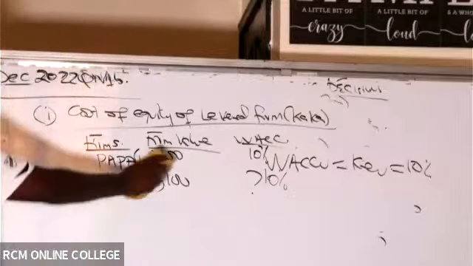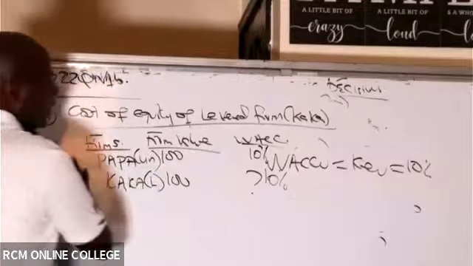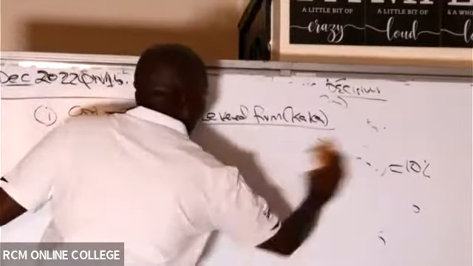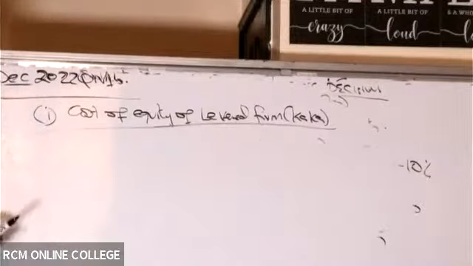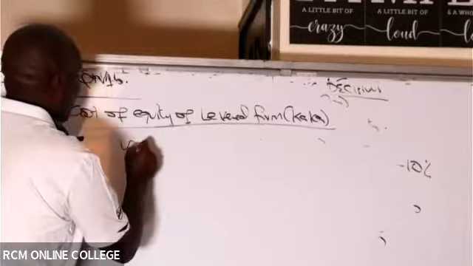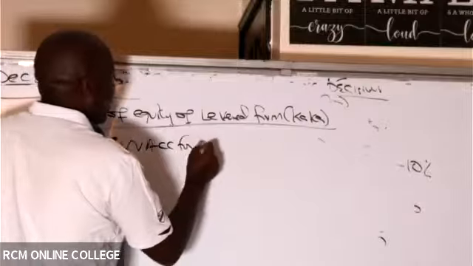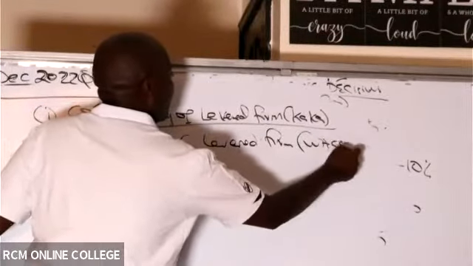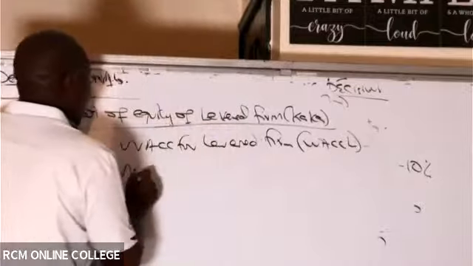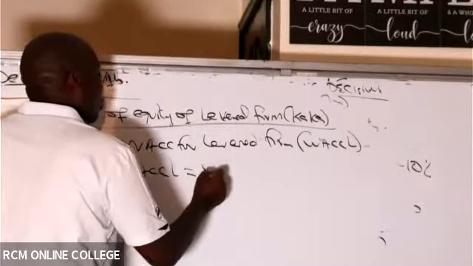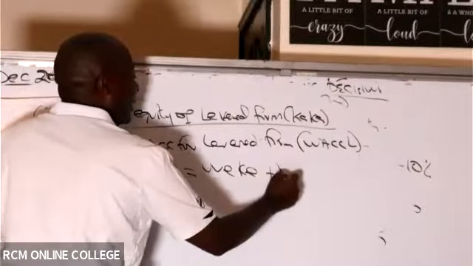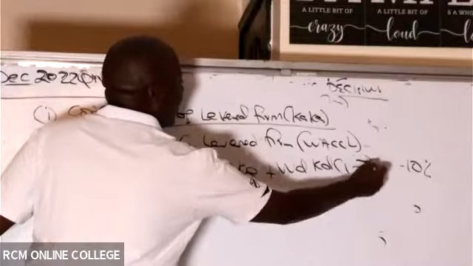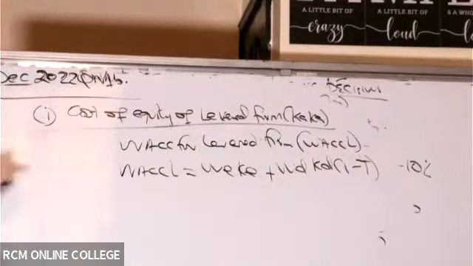All right. So then let's calculate this WACC for the levered firm. How do we get this WACC? WACC for the levered firm, which is WACC of L. This WACC for firm L will be We plus WD, KD into 1 minus T. I know tax is not there, but I'll just put it there because I'll put there 0.